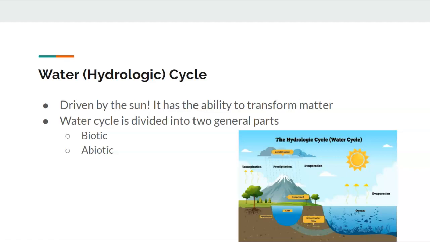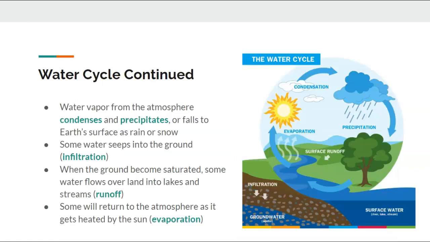The water cycle itself is divided into abiotic and biotic parts, right? Living and non-living. Let's dive into some of the key words that you would find in the water cycle.